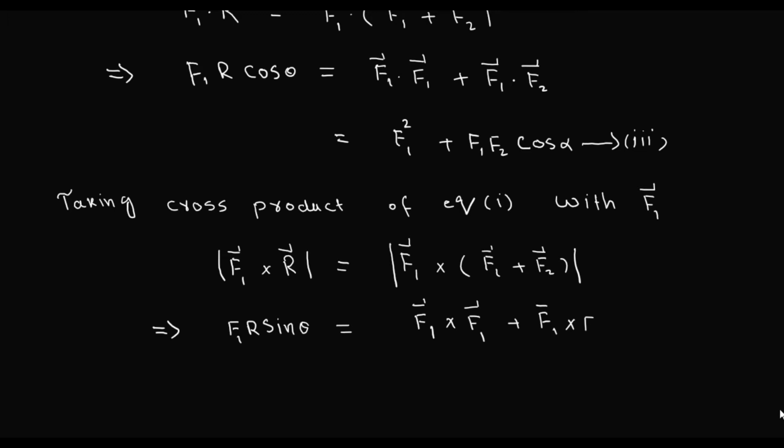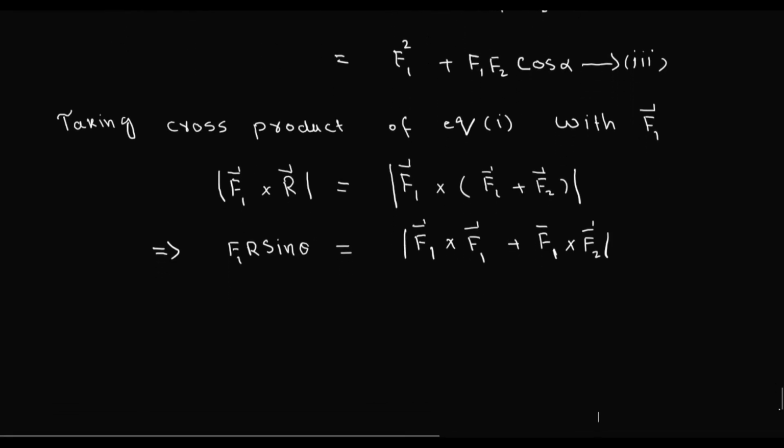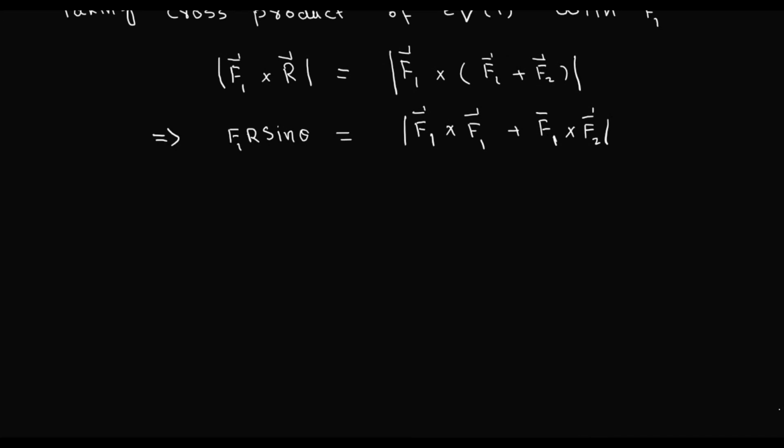F1 cross F1 is 0. When we take the cross product of the same vector, it is always equal to 0. So we are only left with F1 cross F2.